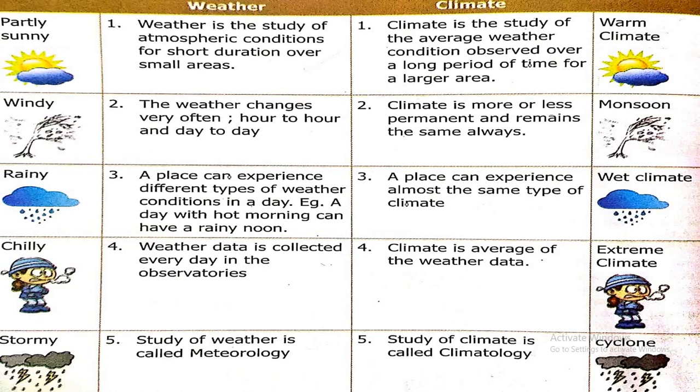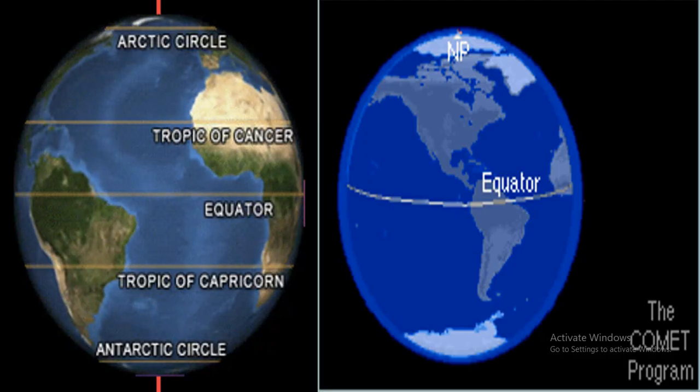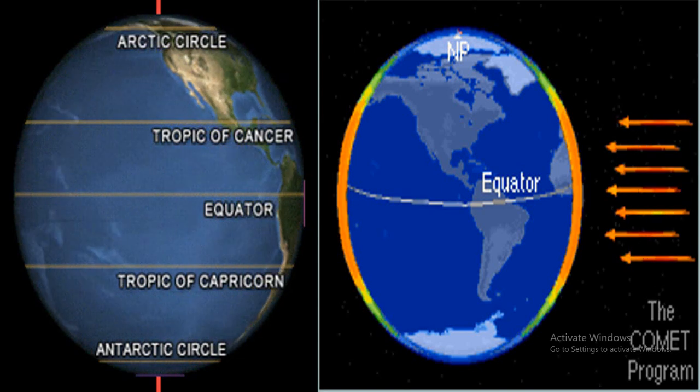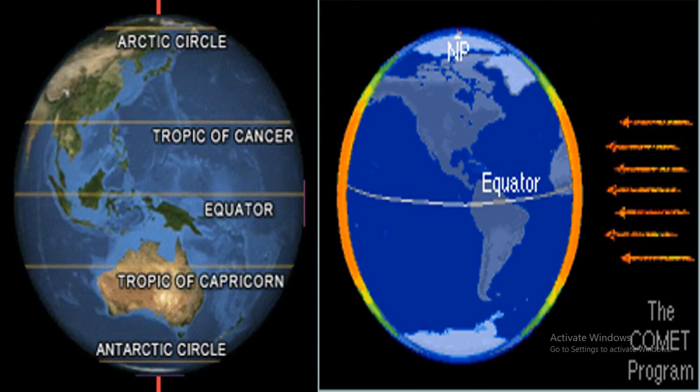Now let's see the factors that influence weather and climate. That is distance from the equator, altitude, nearness to the sea, nature of prevailing winds, mountain barrier, cloud cover, ocean currents and natural vegetation.